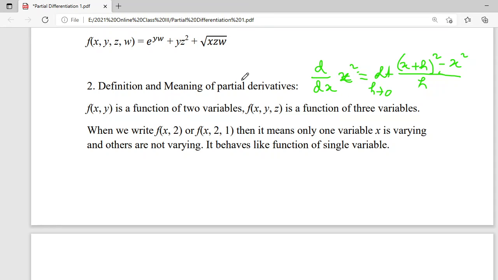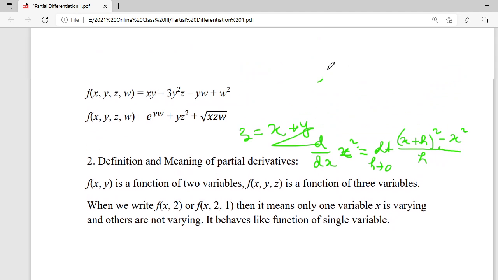Now when we say partial derivative, suppose our function is z equal to x plus y.